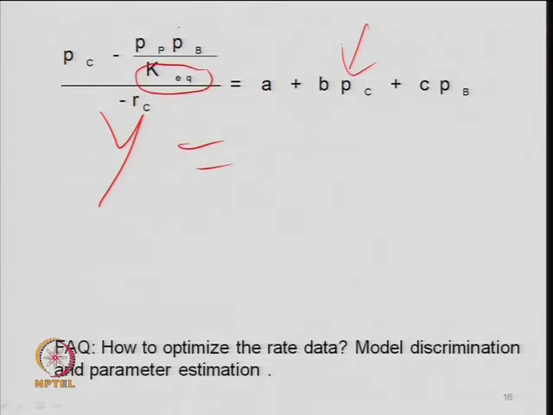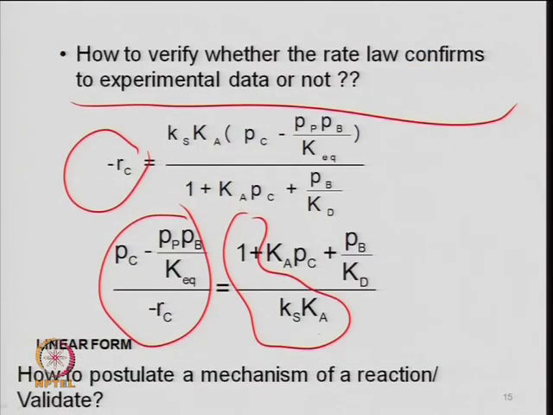So, every term is known in the form of y equal to this, and a, b, c are the parameters of the reaction. And what are these parameters? All of you know now: 1/(k_s k_a) is your small a, one parameter.